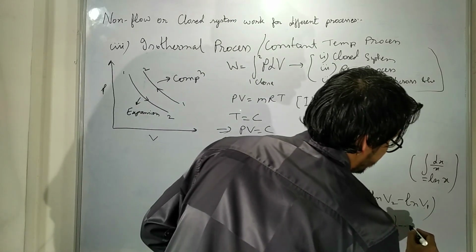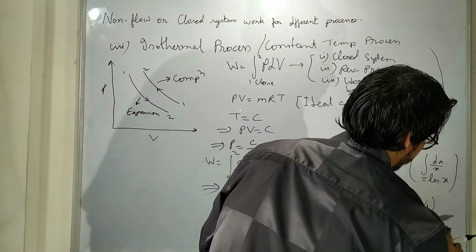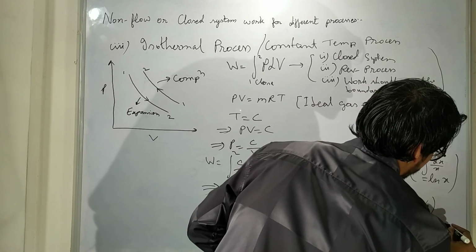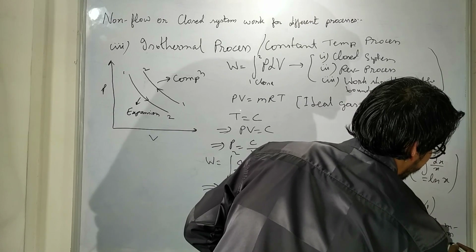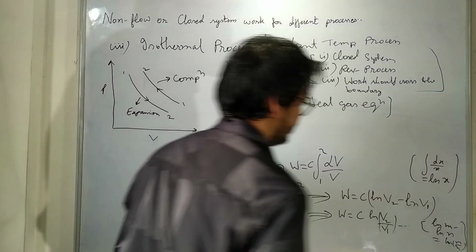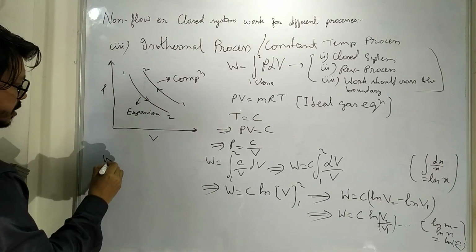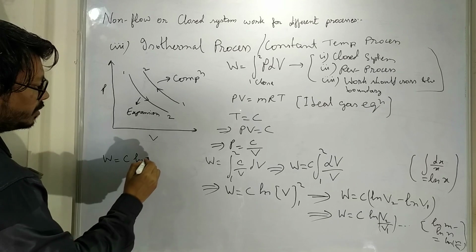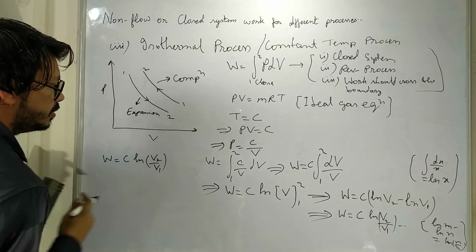We know that ln m minus ln n is equal to ln m by n. So work done is equal to C ln V2 by V1.